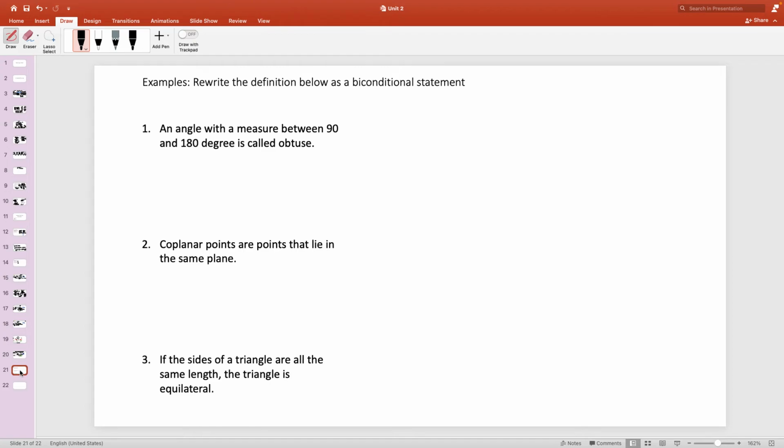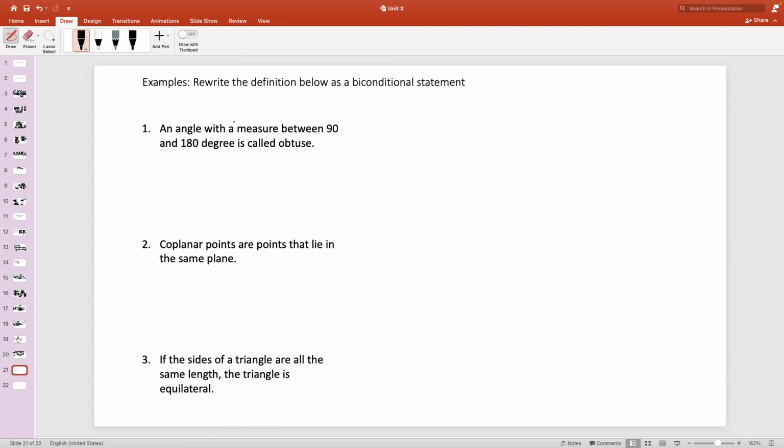So let's look at some examples, and then we'll wrap up this specific topic. Here the example: rewrite the definition below as a conditional statement. An angle with a measure between 90 and 180 degrees is called obtuse.